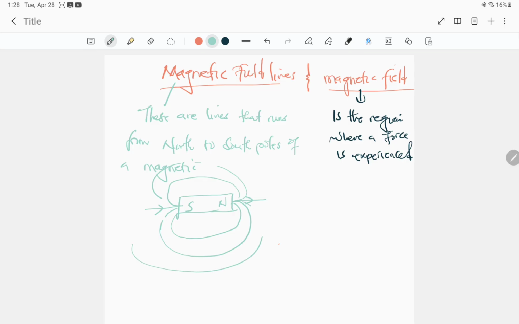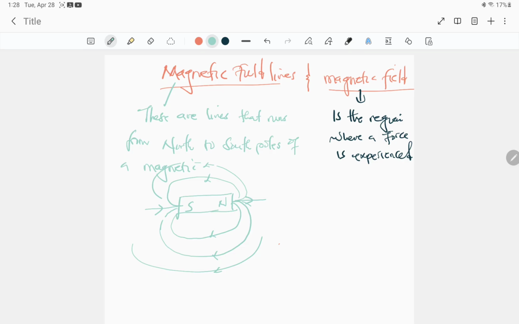If you draw the diagram like this, it is incomplete because it has no arrows. So we put the arrows to indicate that they are moving from north going to south. So those are magnetic field lines.